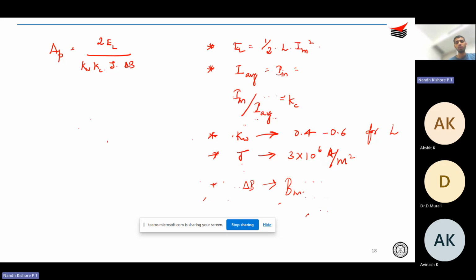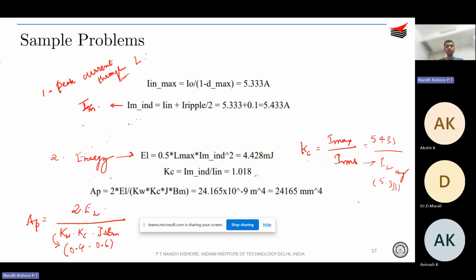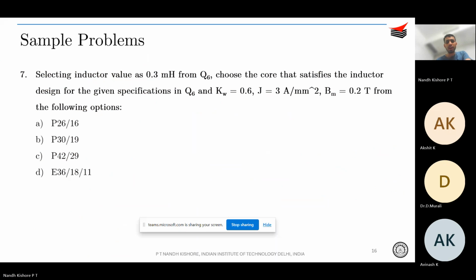You use all of these values to compute your area product. You end up with the area product being 24165 mm to the power 4. All other values are given in the question itself: Kw is given, J is given, and Bm is also given.